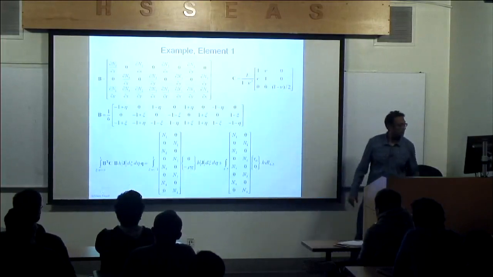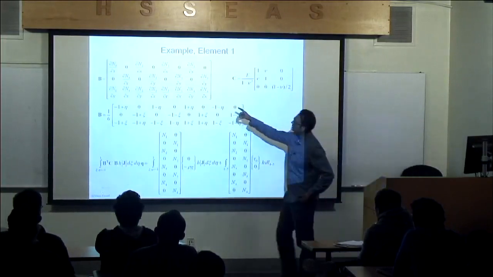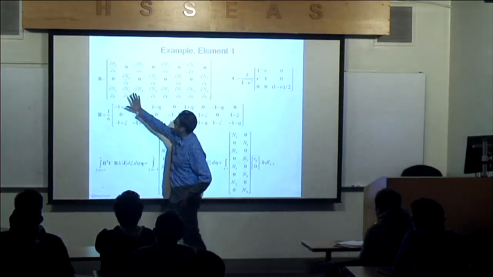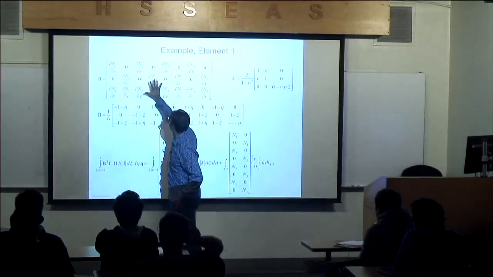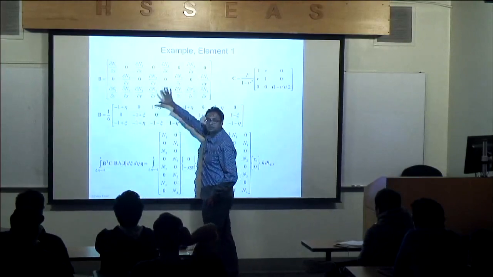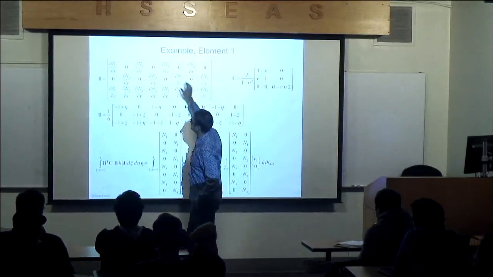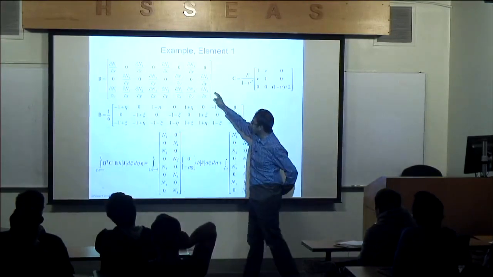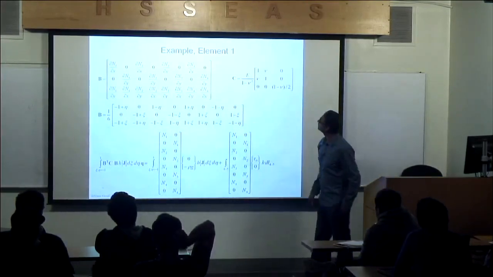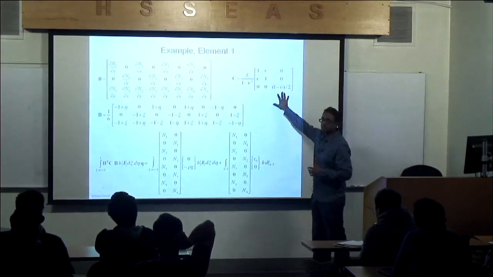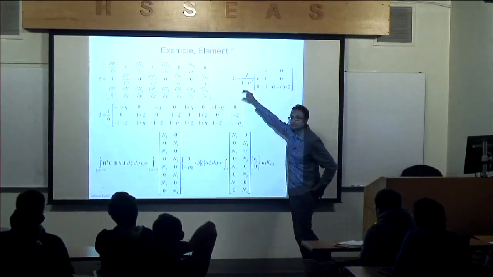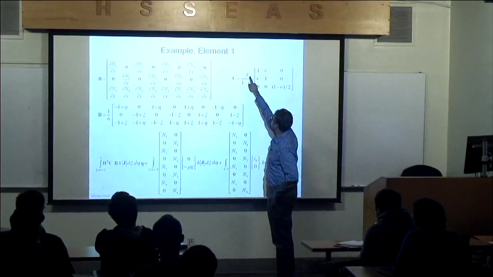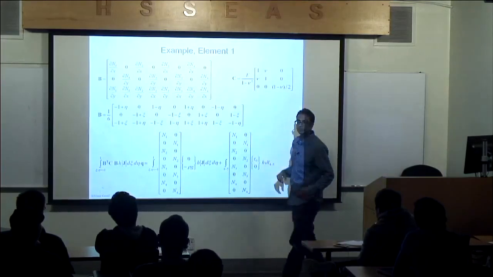Okay, so now I'm ready to calculate what B bold is. These are blocks. Remember I call them block 1, block 2, block 3, block 4. I just expanded it out for you so you can see how it looks, putting in the values I calculated on the previous page. So the C matrix is fully known. I know it's aluminum, so it's 10E6 psi or 10 Msi. Poisson ratio is close to 0.3.